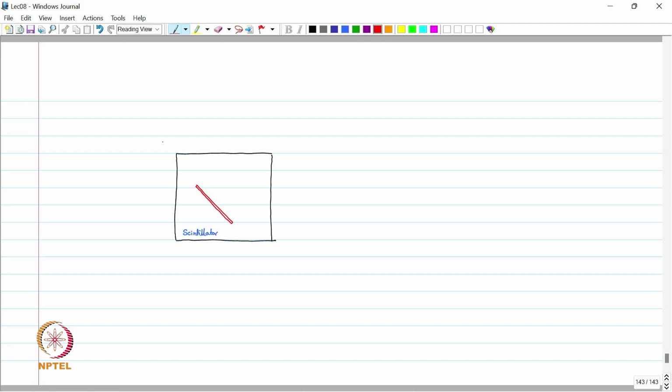For example, let's say this is the radiation coming in, and it hits this material. This is a gamma ray photon. When this radiation hits this material, a light photon is generated.